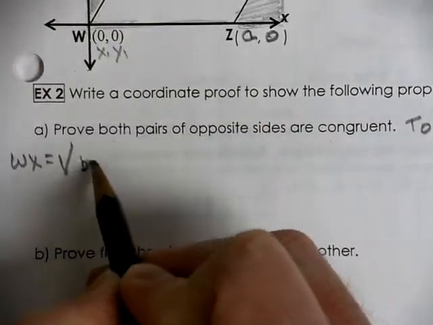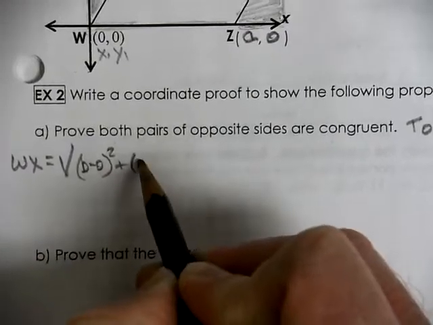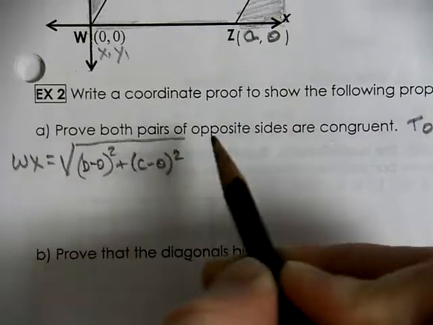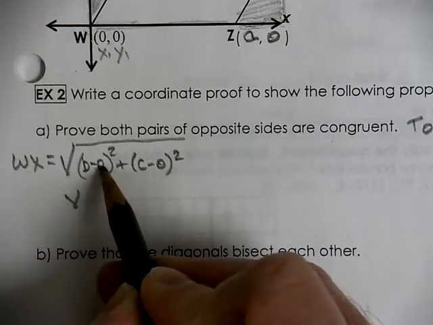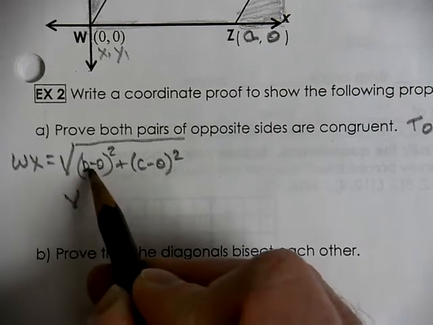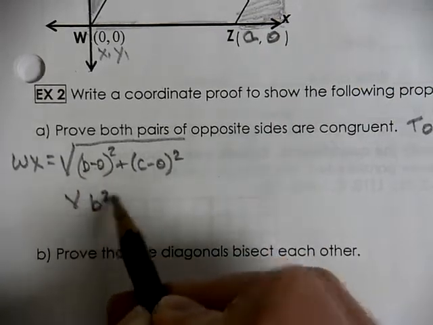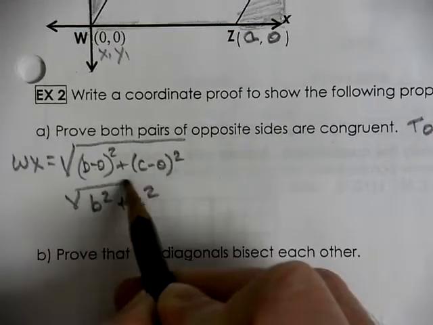So we have b minus 0, and we square it for our x's, and c minus 0 for our y's. B minus 0 is just b, squared. So it's b squared, plus c squared.